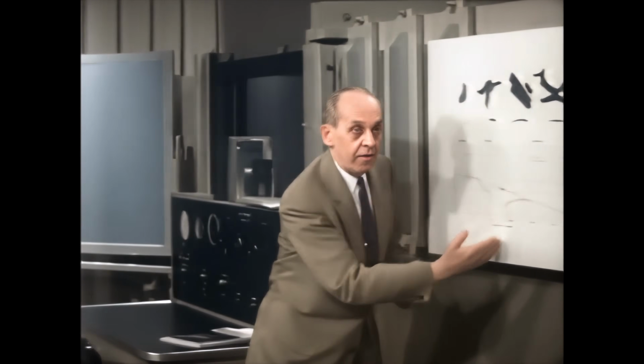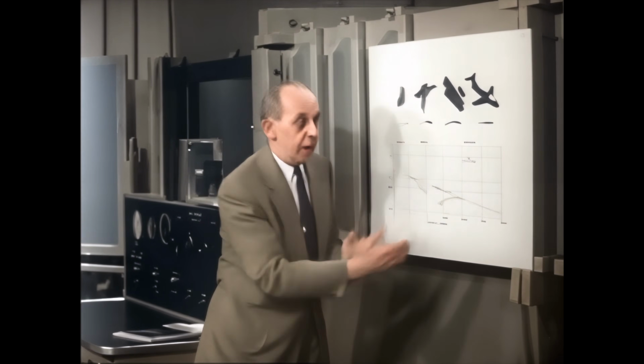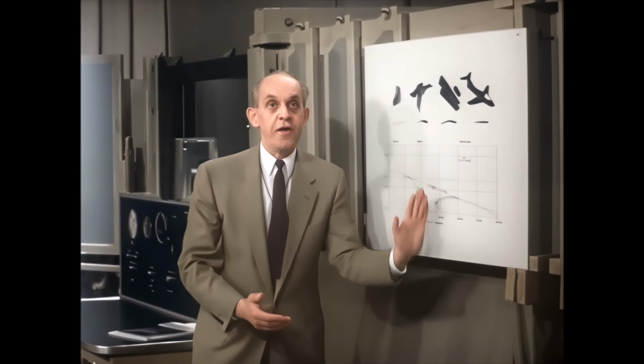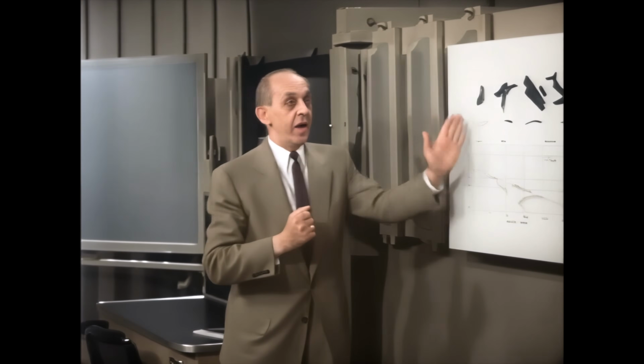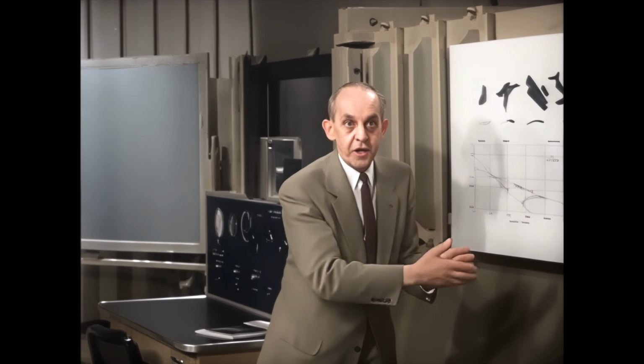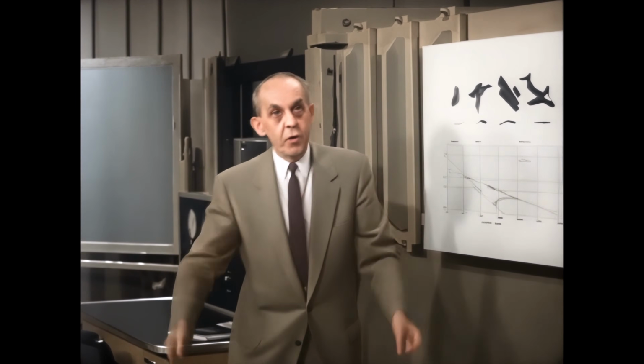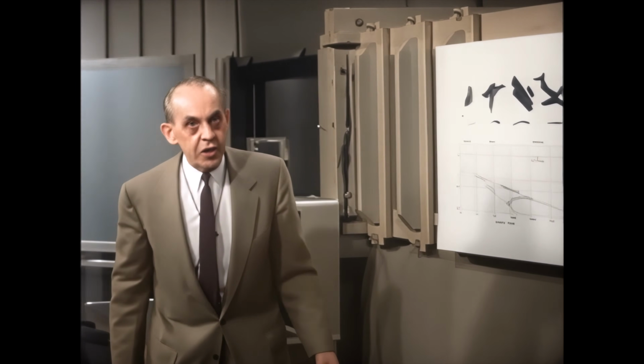It wouldn't fly, because your model is then in a completely different region of Reynolds number than your original was, and therefore different laws of friction govern this motion of the air around this wing or the body.